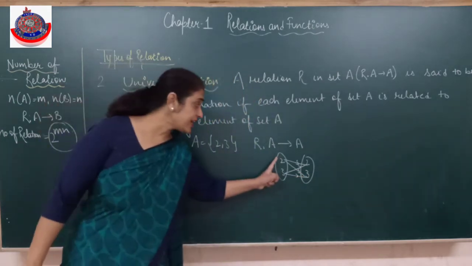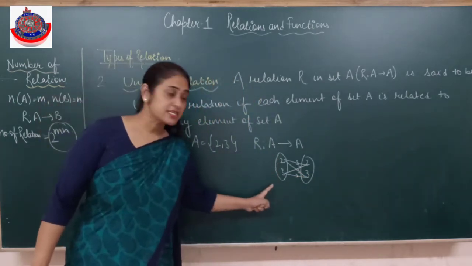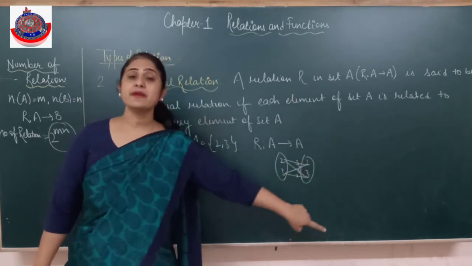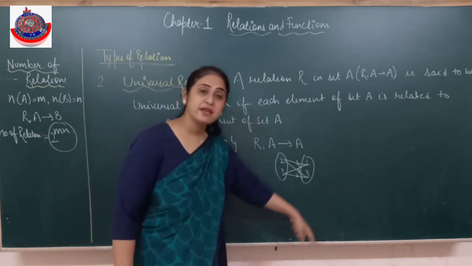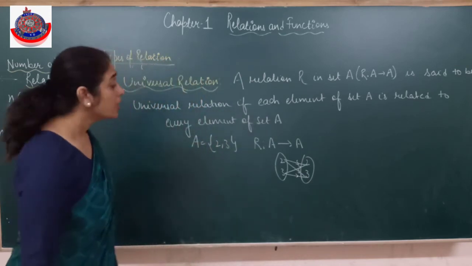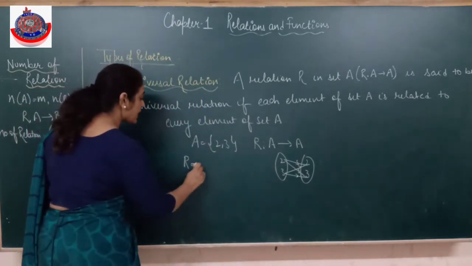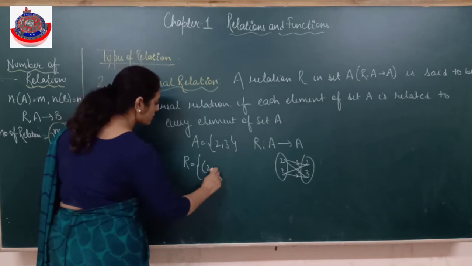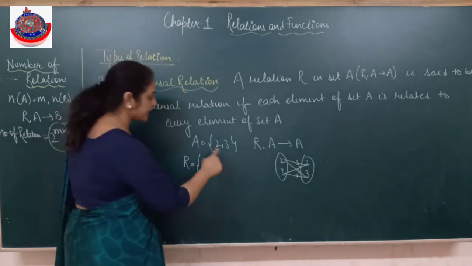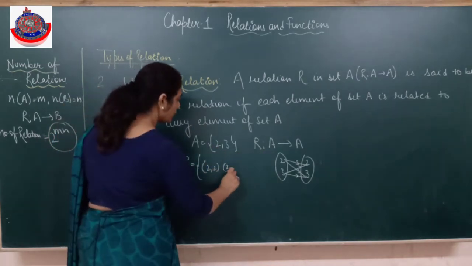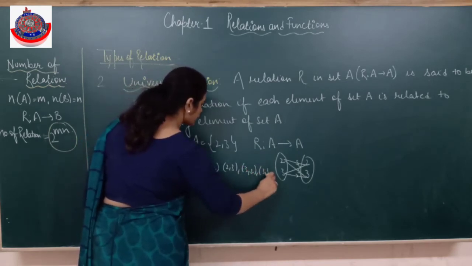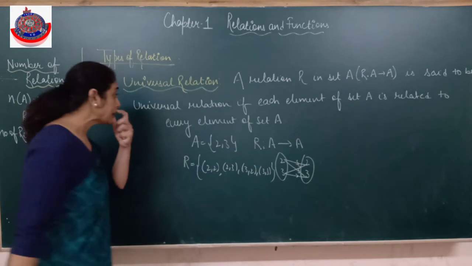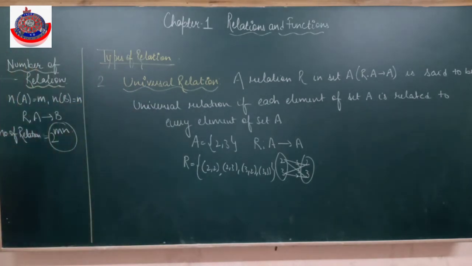That means each element of the first set is related to every element of the second set, then it is said to be a universal relation. That means R has all the order pairs 2 2, 2 3, 3 2, 3 3. Fine. Then it is said to be a universal relation.